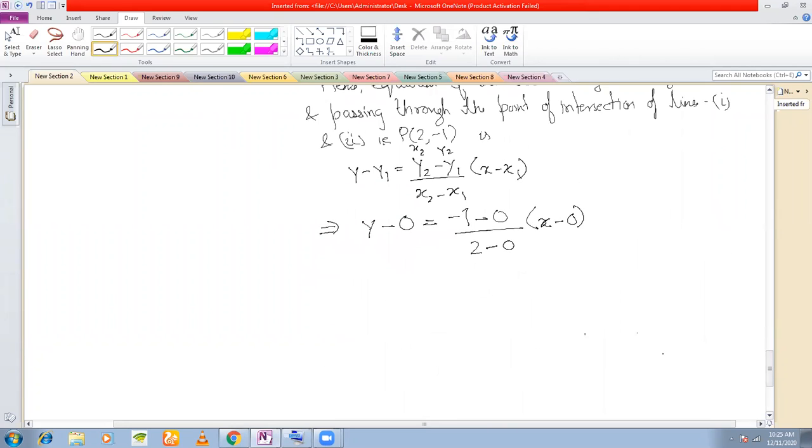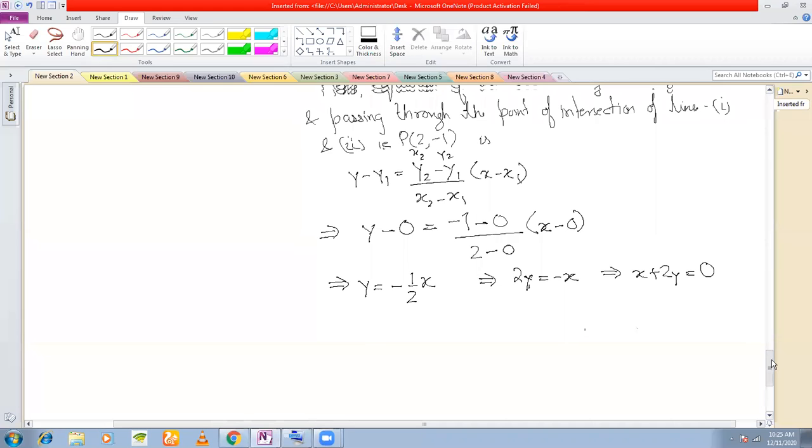That's it. y is equal to minus half of x, which means 2y is equal to minus x, which means x plus 2y is equal to 0. That is the required equation of the straight line.